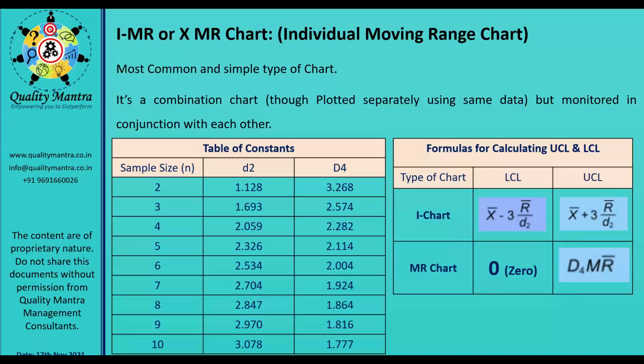It is plotted separately because data will be separate, range data will be separate, individual data point will be separate, but it is plotted in combination. You will plot it on the same graph paper or two different graph papers, but on the top there will be individual data, and on the bottom you will have the range data of that individual readings.